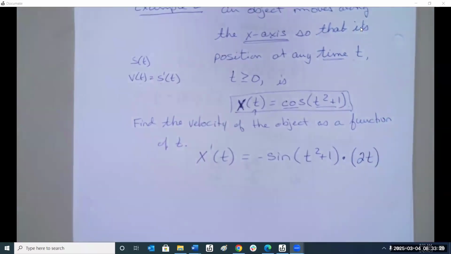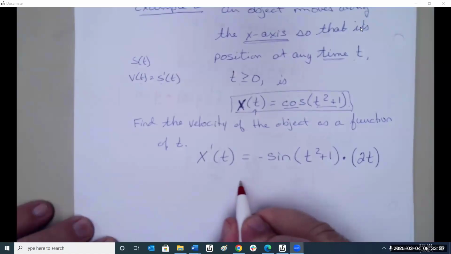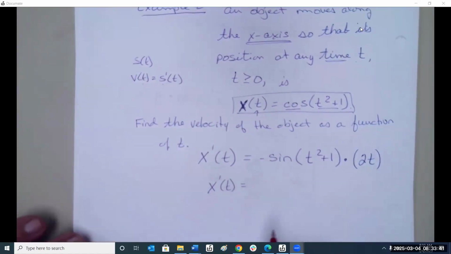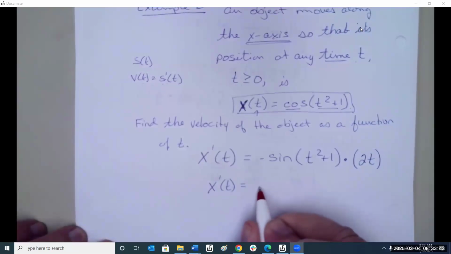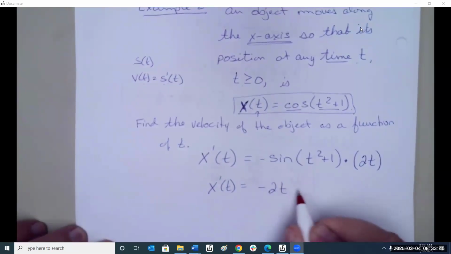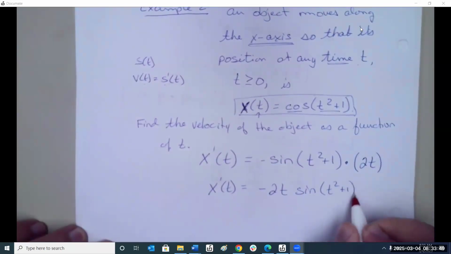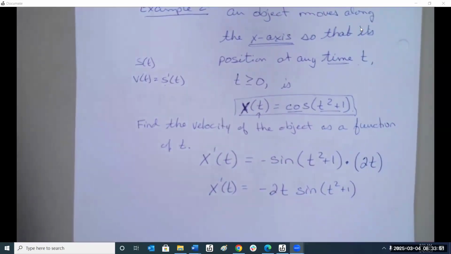Right. The chain rule theorem tells us take the derivative of the outside function times the derivative of the inside function. So our answer here, our velocity, is negative 2t sine of t squared plus 1. It's a function of t.